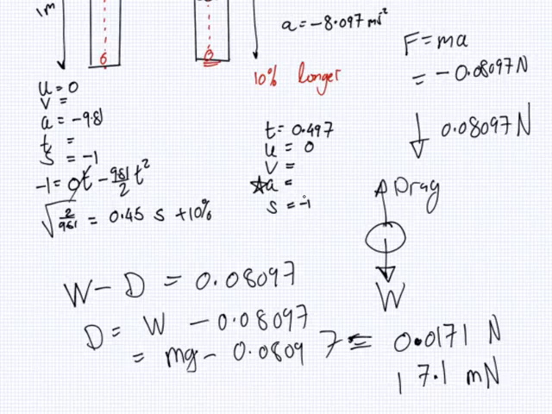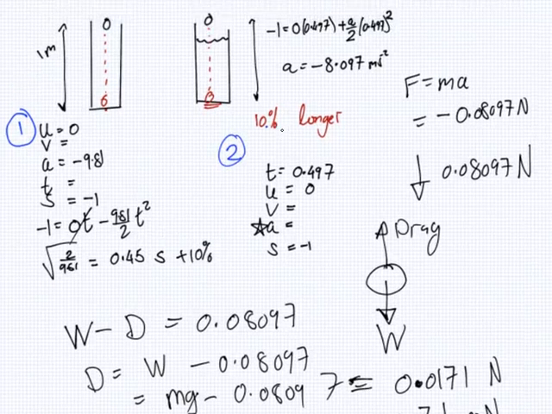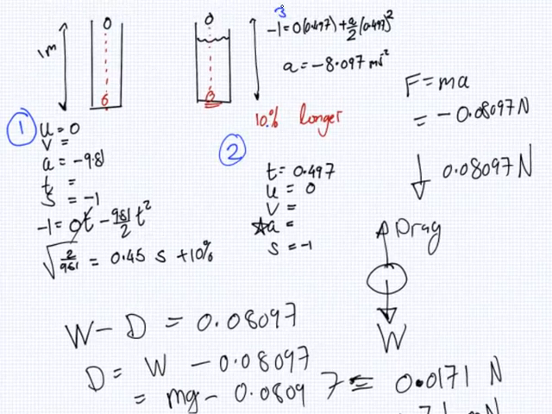Okay. So this one was hard, but not super hard. You just have to break it down into 3 parts. Part 1, or maybe more than 3, 4 parts. Part 1, get the time. Part 2, add 10% to the time. Part 3 is get the acceleration and the force. You know, they kind of go together.